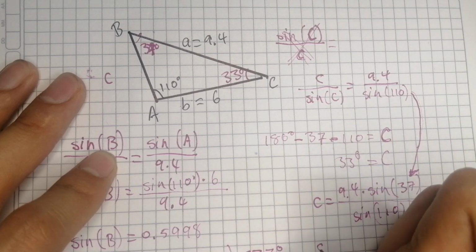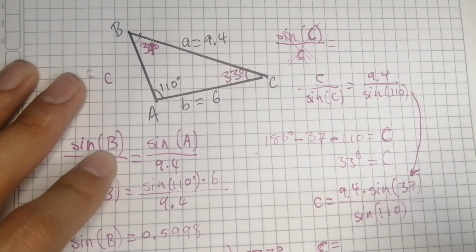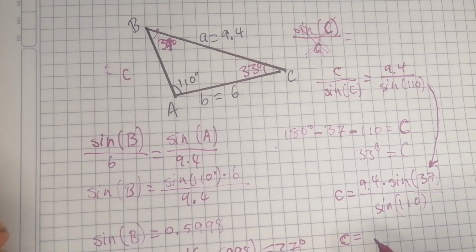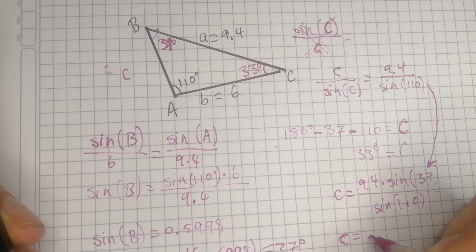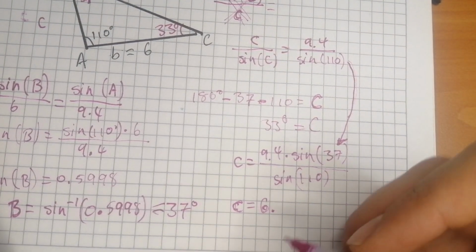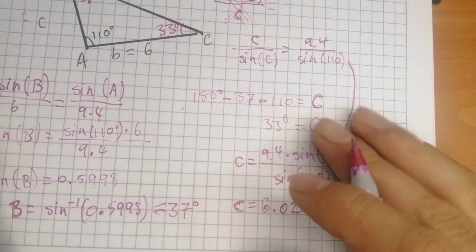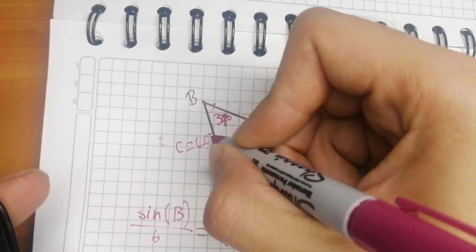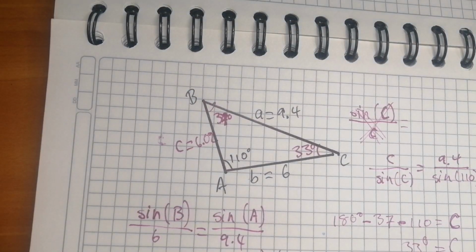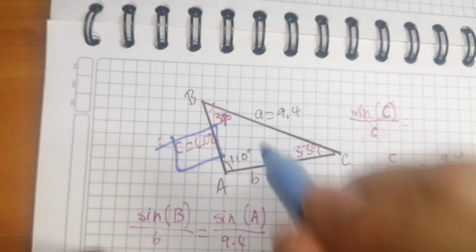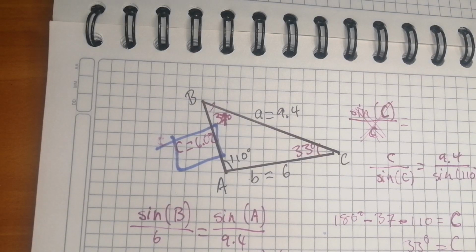And using the calculator, I have that lowercase c is equal to 6.02. So this length of c is equal to 6.02. And as you observe, using the Sine Law, we completed all the unknowns of the triangle that we had.